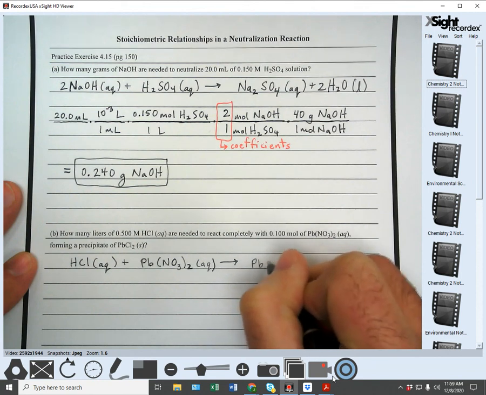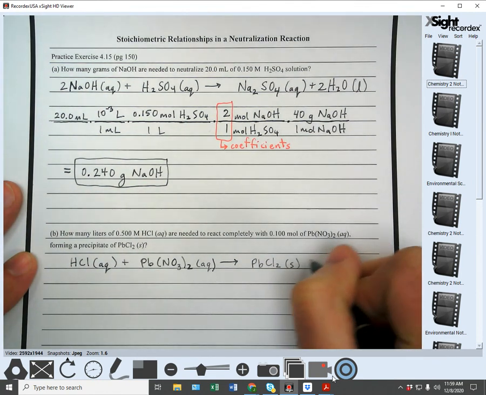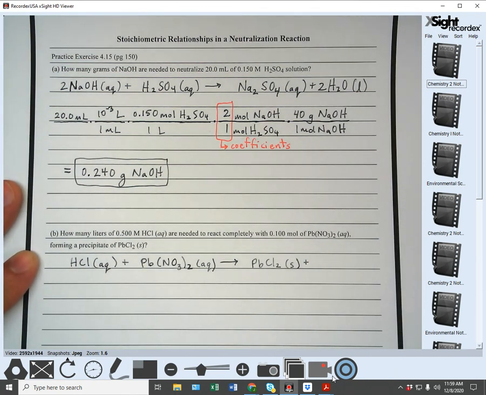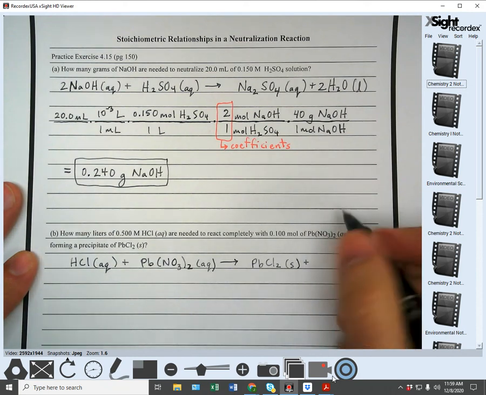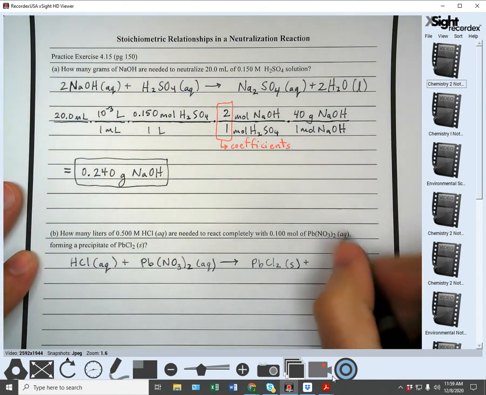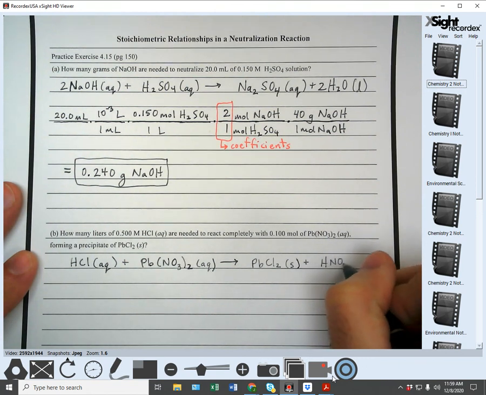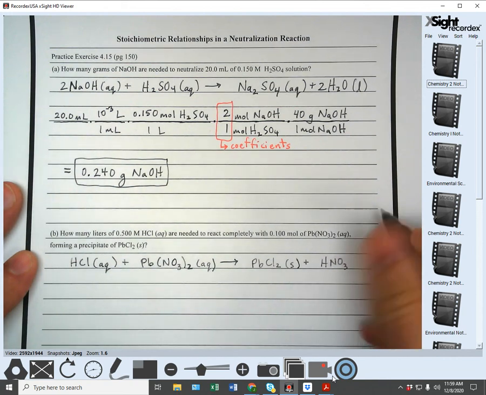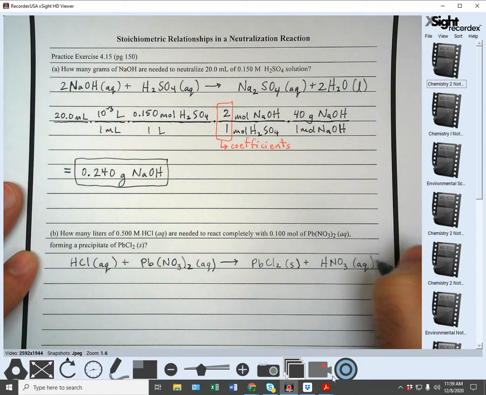They've already told us that that's a solid. Okay, which means, let's see, what's left over then? The HNO3. So H is a +1, NO3 is a -1. So it's going to be HNO3. And I remember from my chart that all nitrates are aqueous, so that will be aq. Okay.